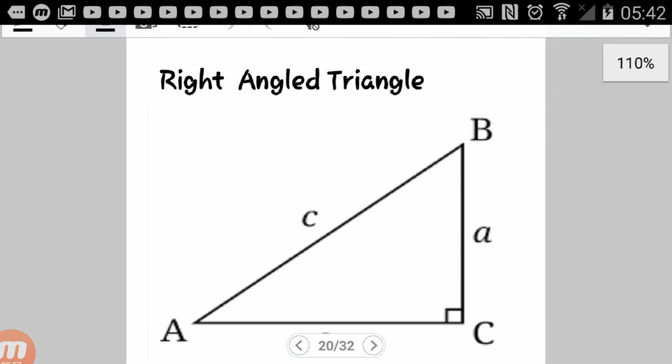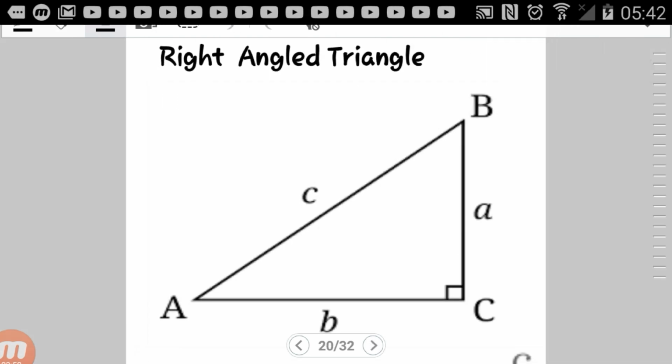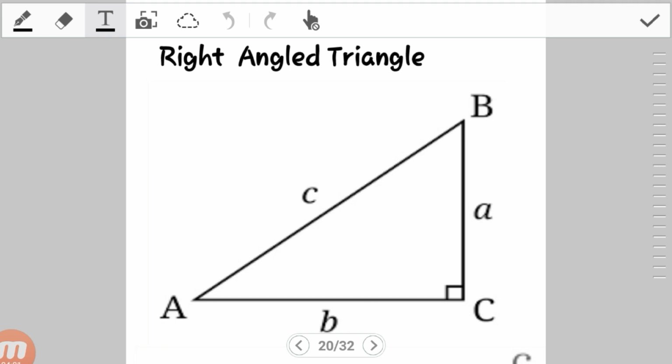Now the right angle triangle, as I discussed earlier in my previous tutorial, a link is in the description. You definitely want to be equipped with using the Pythagorean theorem before you watch this video, so ensure that you are already familiar with it.